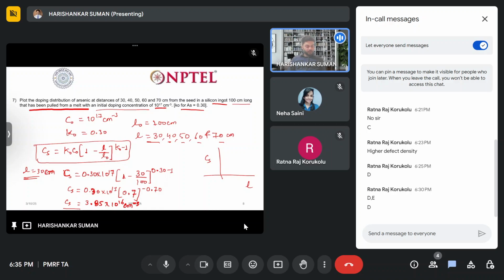Please tell me the answer for 40, 50 and 60 also and 70. This is the method. Please try to solve.